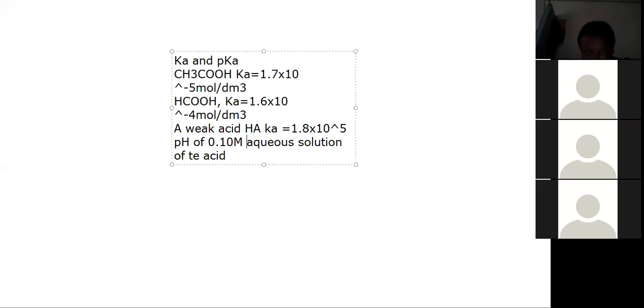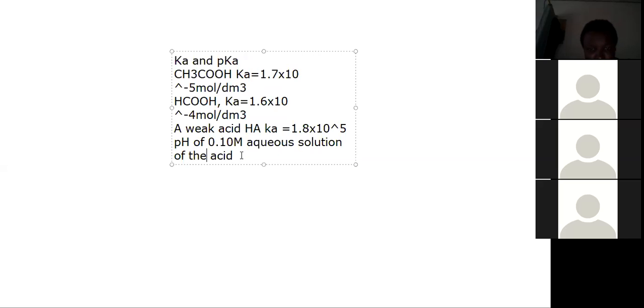The 0.1 molar is the concentration of the aqueous solution of the acid. The question says we should calculate the pH of the 0.10 molar aqueous solution of the acid. That means you have to find the pH of the aqueous solution.